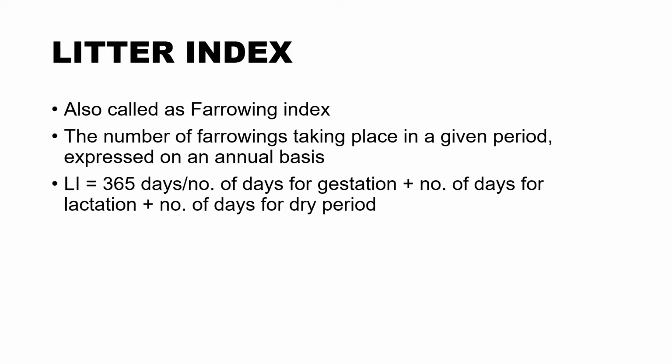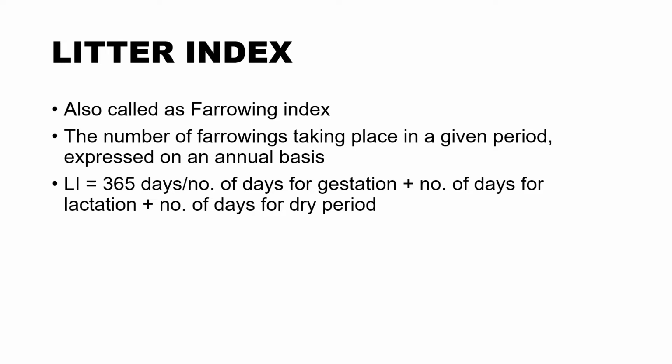So yun yung pag-compute ng litter index. 365 days, tapos yung number of days na buntis yung baboy, that is for gestation, plus the number of days for lactation, yung nagpapasuso yung baboy, and then number of days for dry period, yung hindi buntis yung sow, yung nanay. So i-sum mo lahat yan. Then 365 days divided by the sum of all of that, that is the litter index.